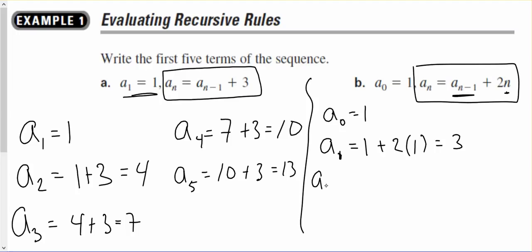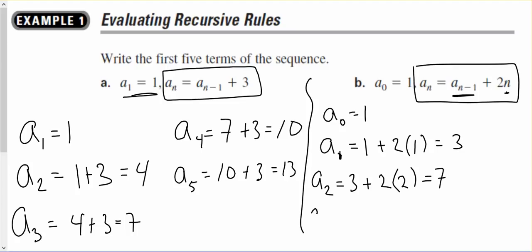To find our second term, we do the same thing. It means our previous term. So our previous term was 3, plus 2 times, and in this case we're going to plug in this 2 here because we're on our second term. 2 times 2 is 4, plus 3 makes 7. And you can already see that this isn't linear because we don't have a common difference, or it's not arithmetic. Because from 1 to get to 3 we have to add 2, and from 3 to get to 7 we have to add 4.